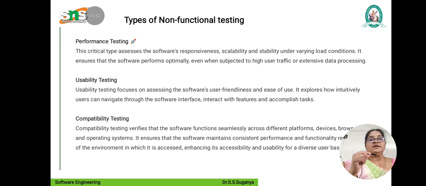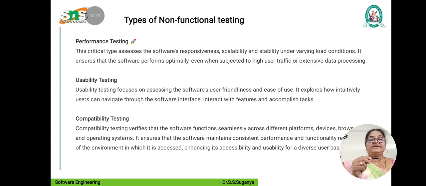Next is usability testing. Usability testing means assessing the user friendliness of the software, that is, testing to identify the interactions between the users and the software. Next is compatibility testing.